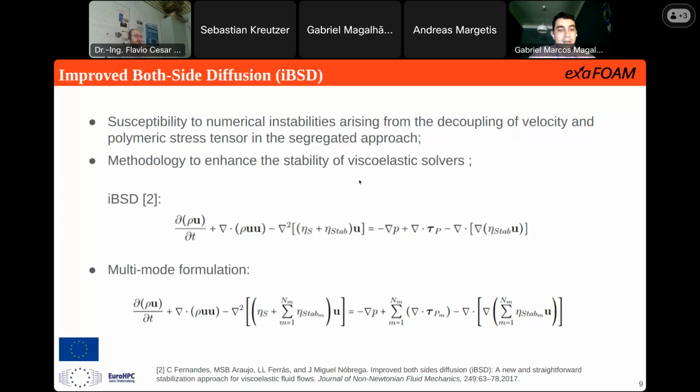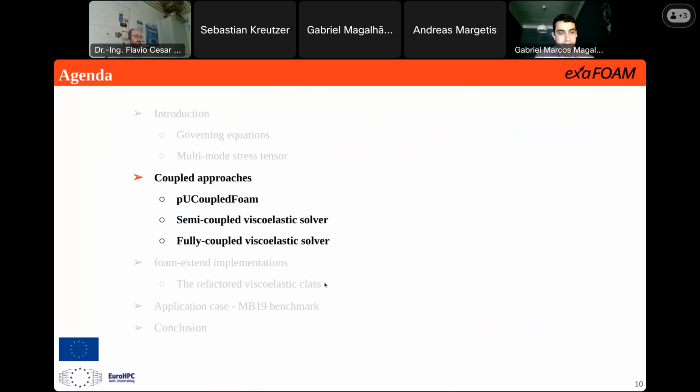So here is the equation of a stabilization model named improved both-sides diffusion. And here I'm just presenting the multimode formulation. So when we are using more than one mode to represent the fluid, it's possible to observe that we have a summation in the terms of stabilization.